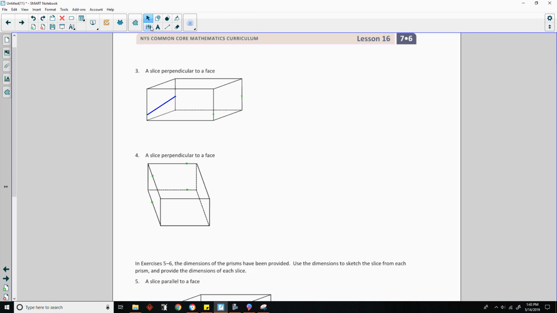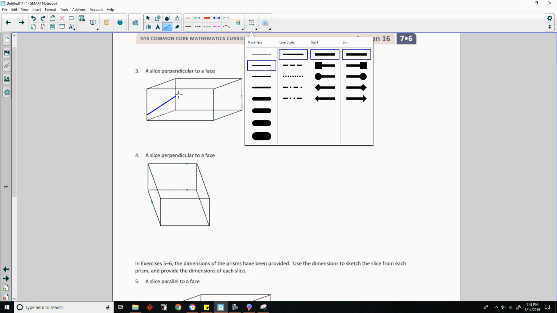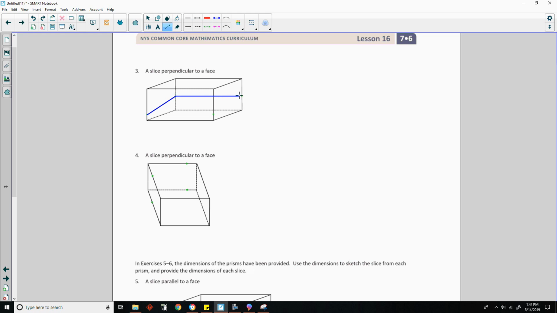That's better. Over like so, and like this, and then finally from here over to here, and then shade it in. Okay, so there it is, shaded in. A slice perpendicular to a face.